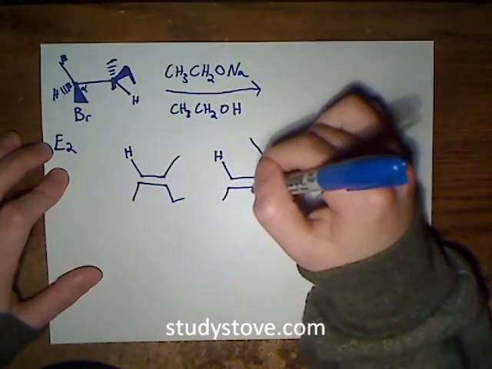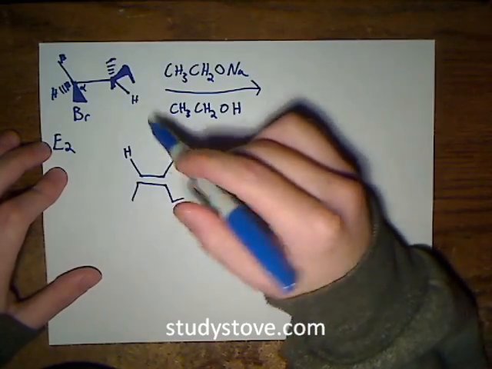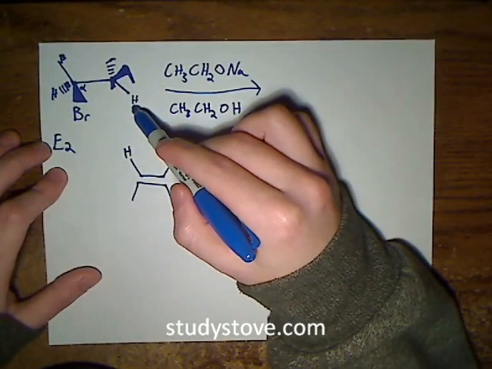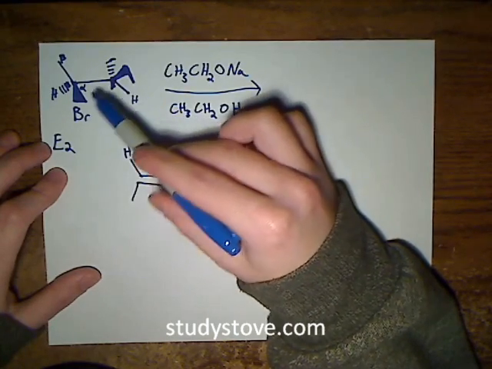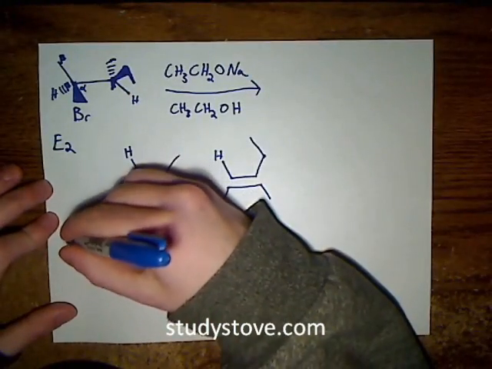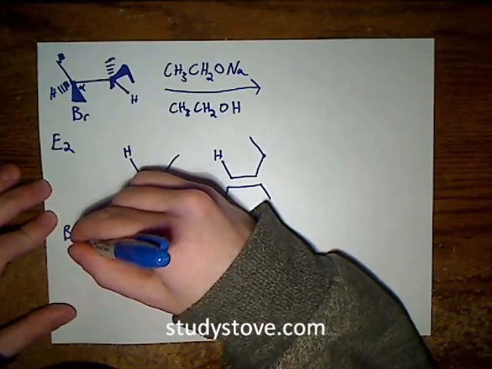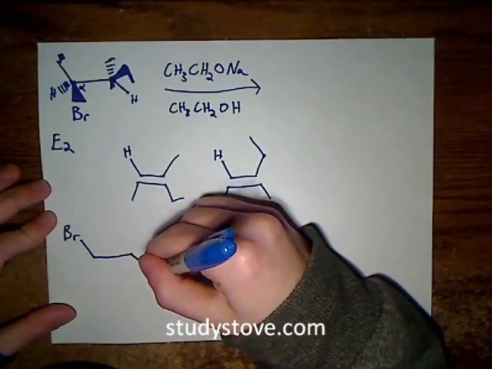The way to figure out which of these we're going to get is by considering that the proton that is getting taken by the base has to be what's called anti-periplanar from the leaving group. Basically, that means the leaving group has to be as far away as possible from the proton.